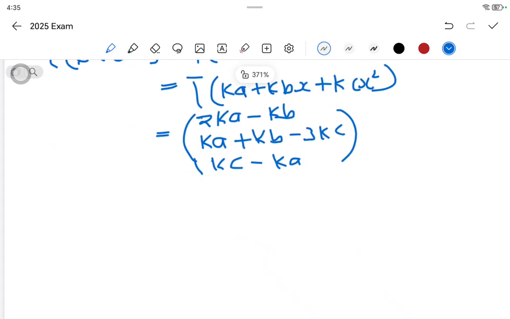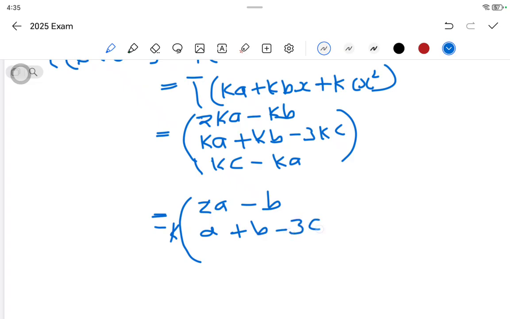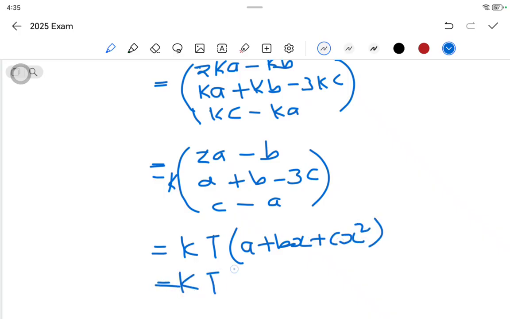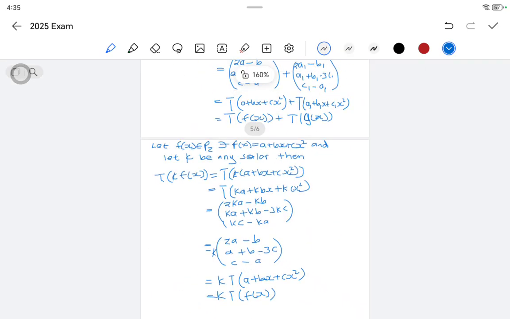And this is just going to be equal to, we can just factor out k: 2a minus b, a plus b minus 3c, c minus a. Then this is going to be k T of a plus bx plus cx squared, which is k T of f of x. You see, right, also this one holds.